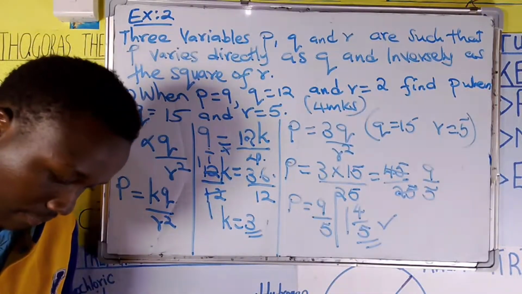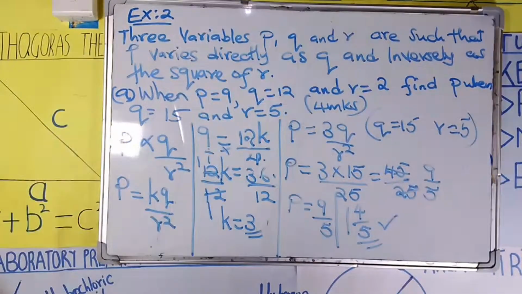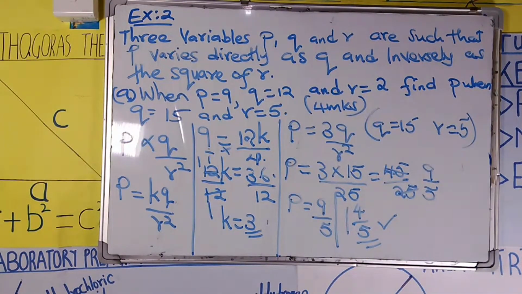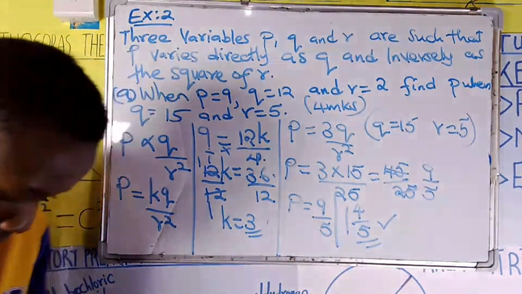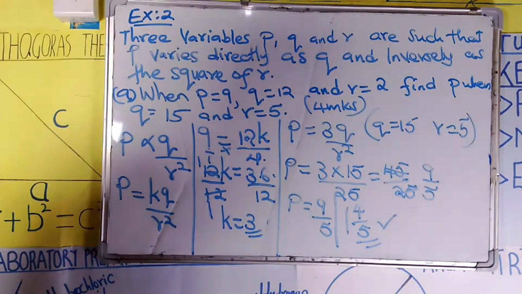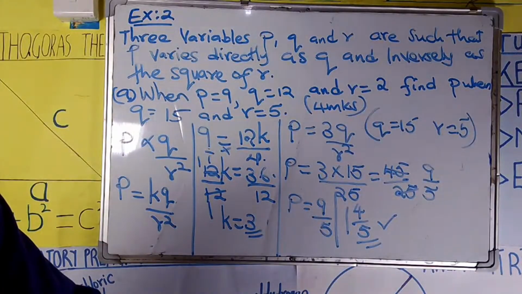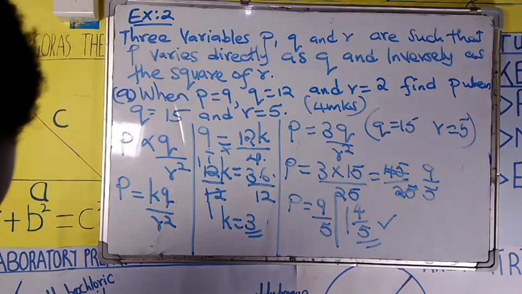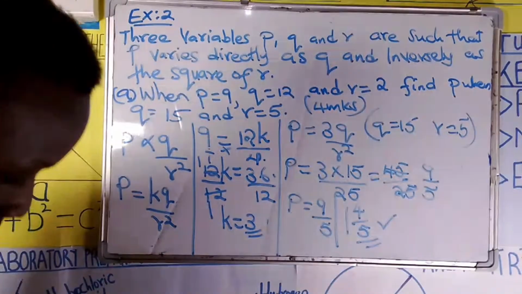After we get our P, we can now solve the second question. And the second question reads, express Q in terms of P and R. Let us go on to express Q in terms of P and R. Express Q, I'm refilling my pen.